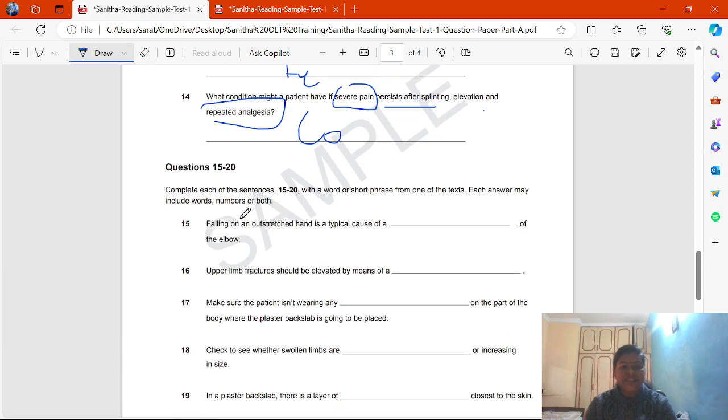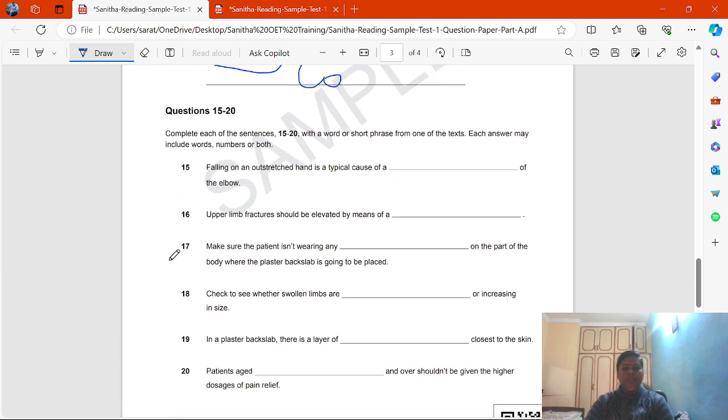Got it? Next, the short answer type of questions, 15 to 20. Falling on an outstretched hand is a typical cause of a dash of the elbow. Where do you have to go?